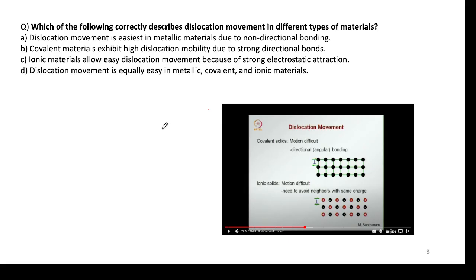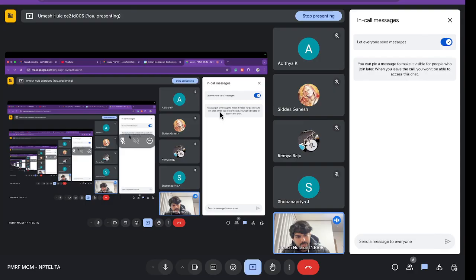Anyone? A guess is also fine. You can just type in the chat box, no problem.